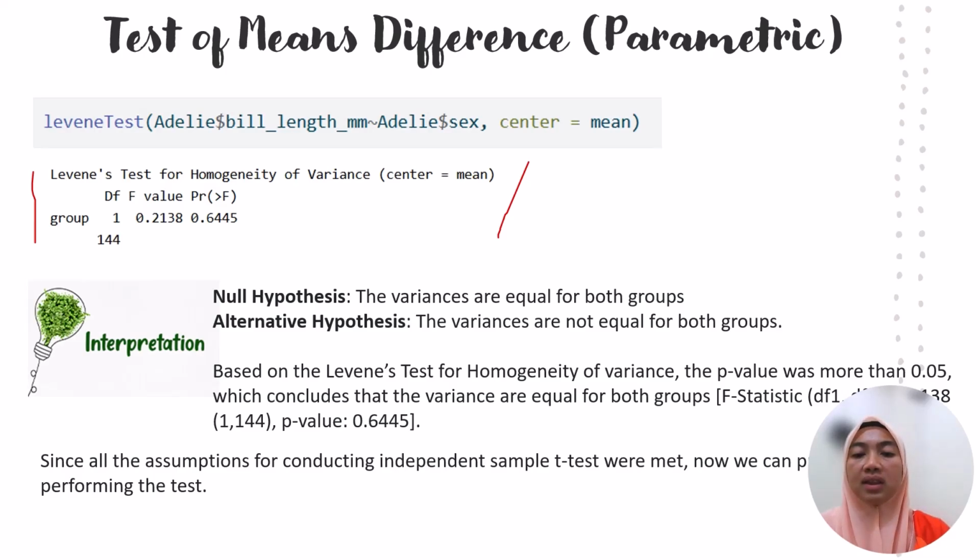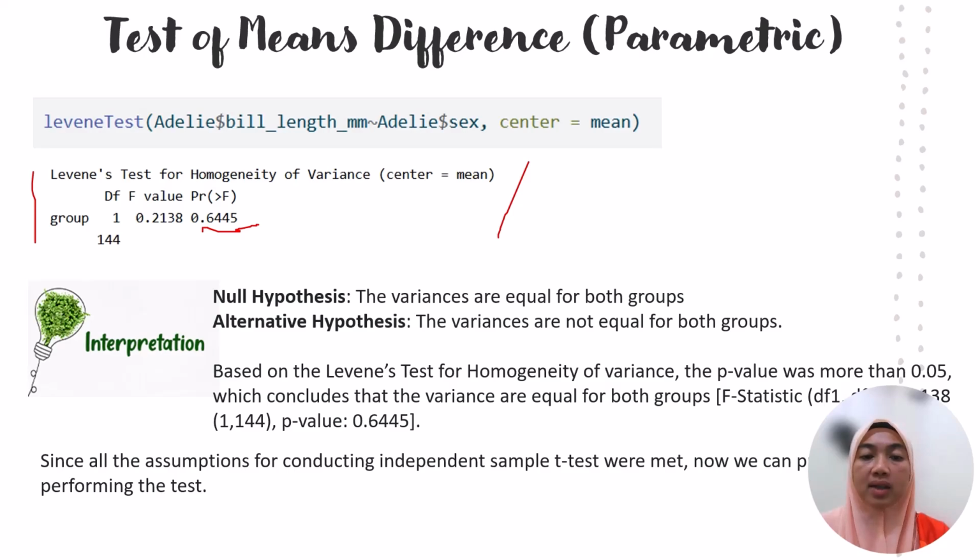Based on the Levene's test for homogeneity of variance, the p-value was more than 0.05. You can see the output here.